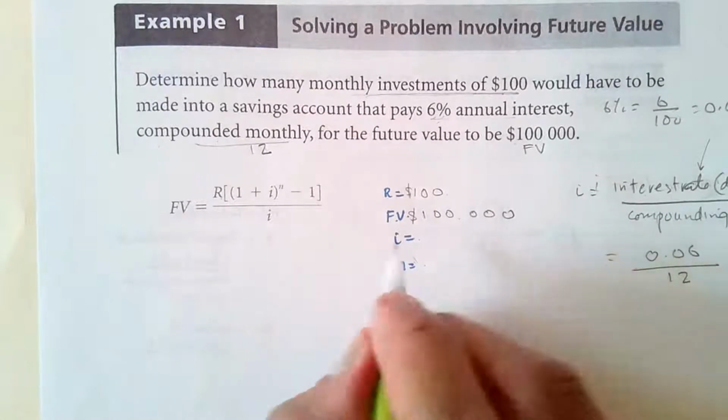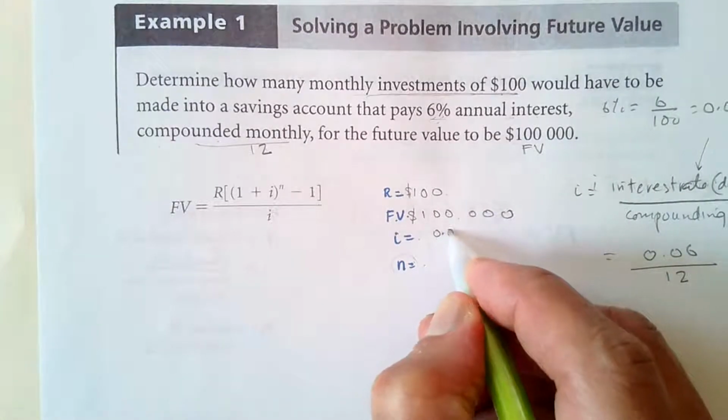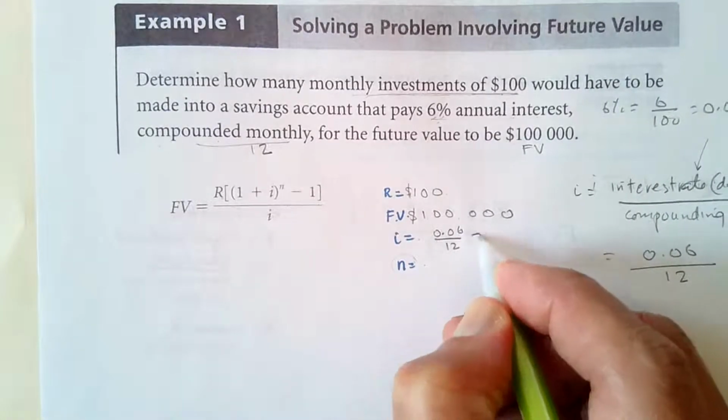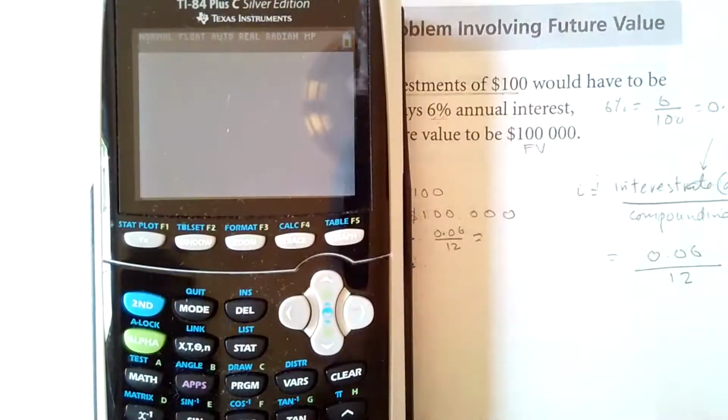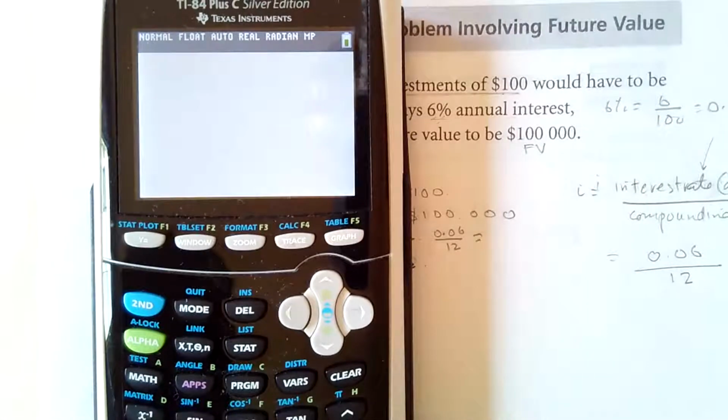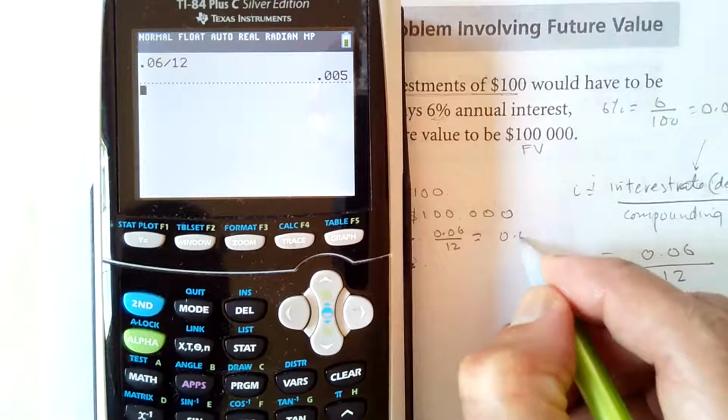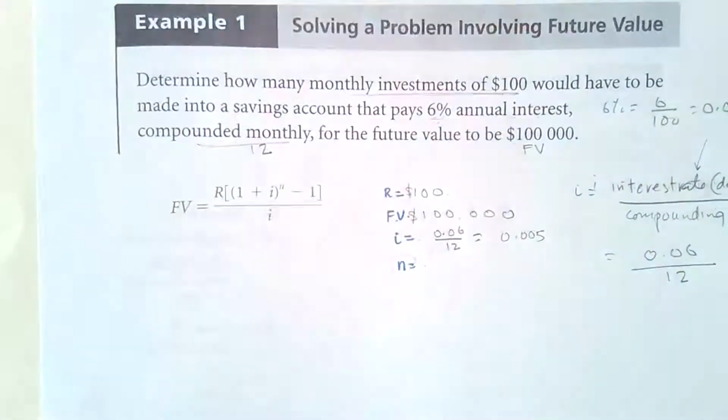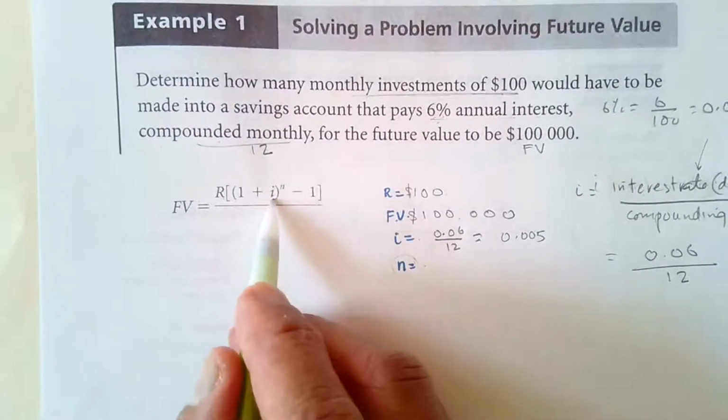So i now is 0.06 divided by 12. Getting our calculator out, 0.06 divided by 12 is 0.005. So now i is 0.005.